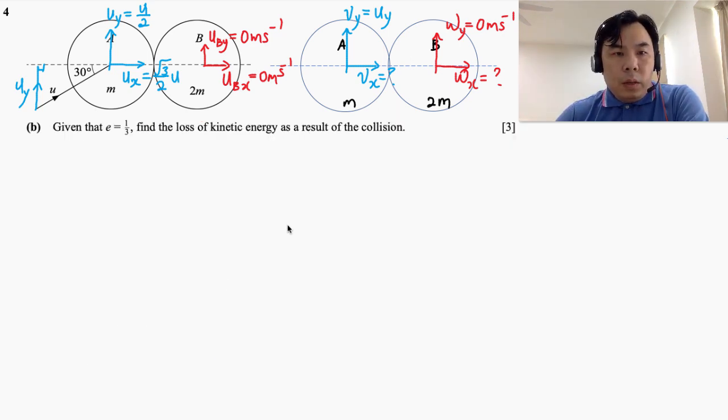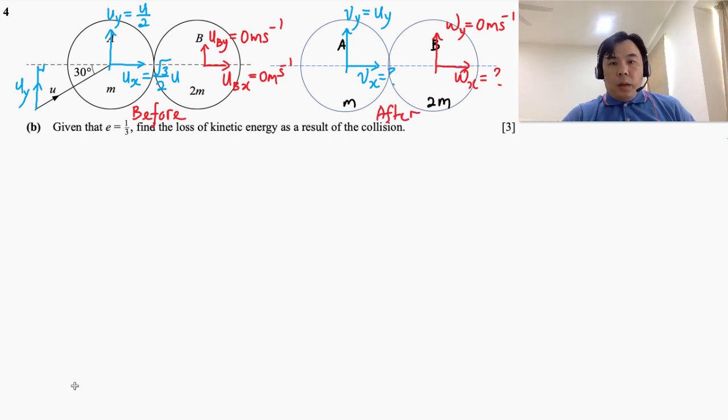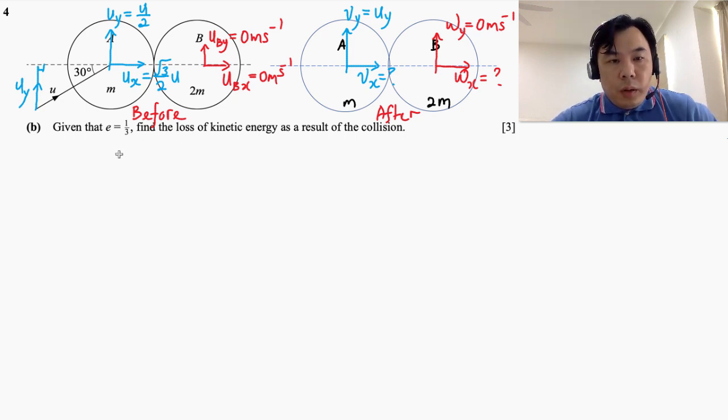All right, now given that the coefficient of restitution is 1/3, we need to find the loss of kinetic energy as a result of the collision itself. Right? Okay, now this is before, just as a reference one more time. This is after. Now, in this case, we have already found out the speed for A after collision.